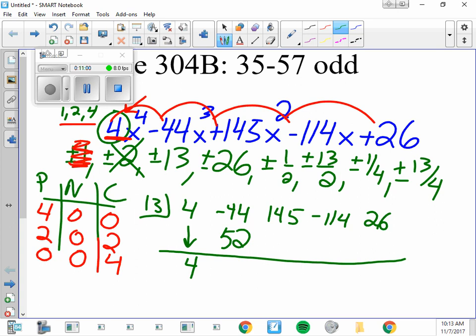That's 8. 13 times 8 is 104. Then 249. Multiply that by 13. It's going to be huge. It's not going to work.